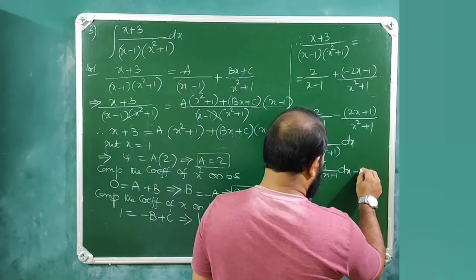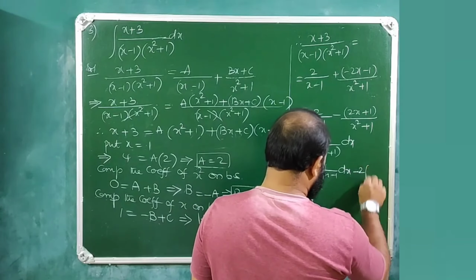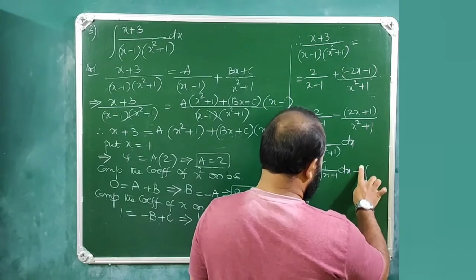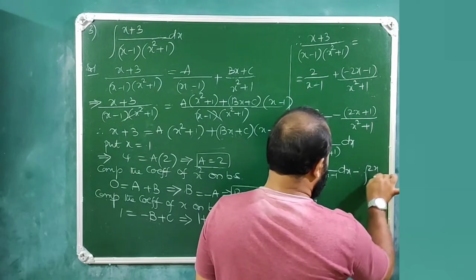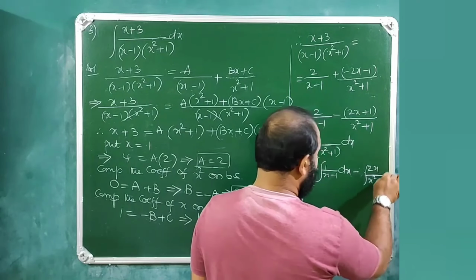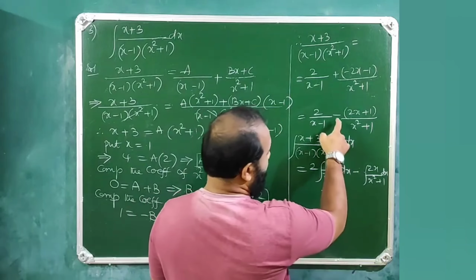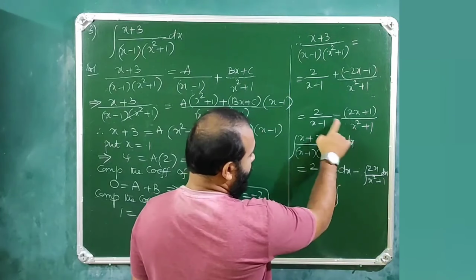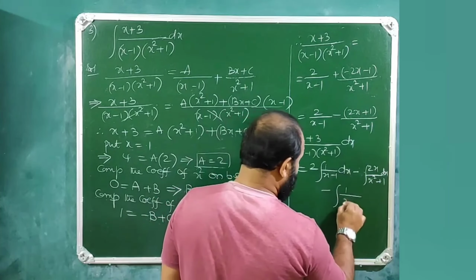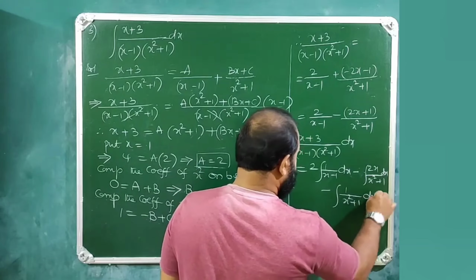So 2 I'll separate from the process of integration. Otherwise, this is 2x by x square plus 1 dx, plus 1 by x square plus 1 dx.